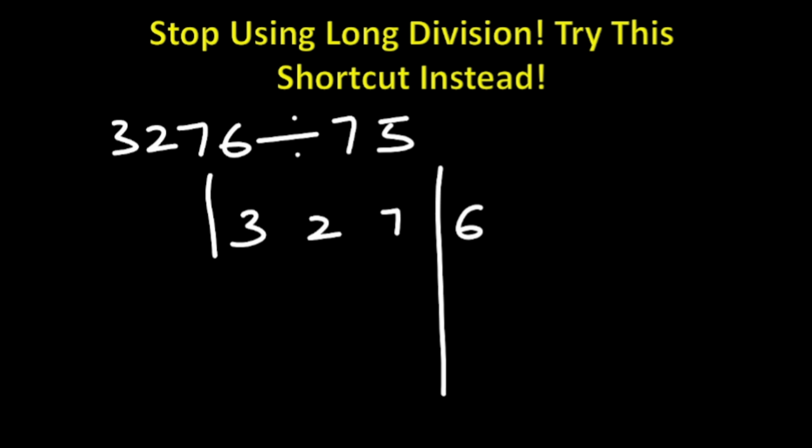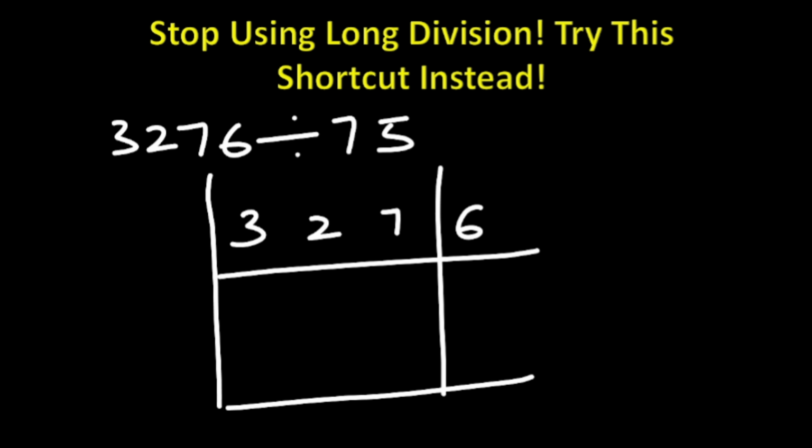And then you draw another vertical line like this, and then you draw the horizontal and then draw the line like this. And now we are dividing 3276 by 75. So you write 7 here, which should be bigger, and then you write 5, that should be smaller. So 7 is bigger and 5 should be smaller.